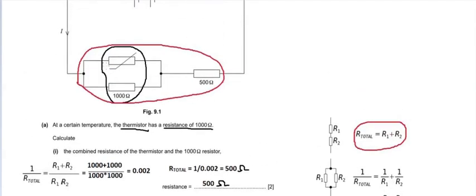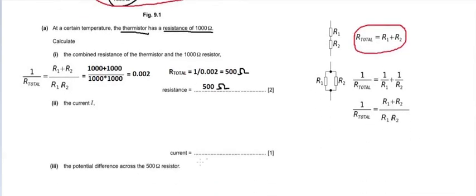R1 is this entire combination, which is 500. That is our R1. This is R2, and both are in series. So we can find out R of the entire circuit, which is nothing but 500 plus 500, that is coming out to be 1000 ohm.